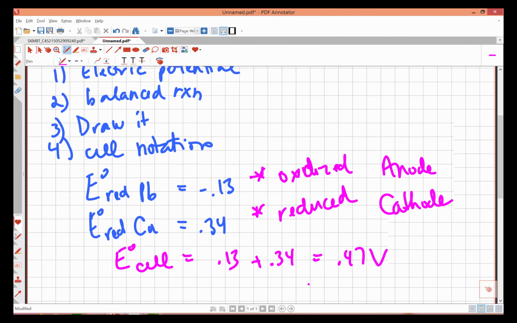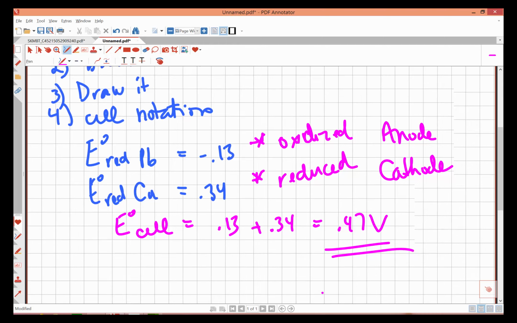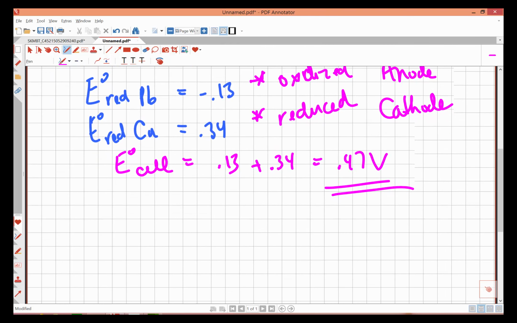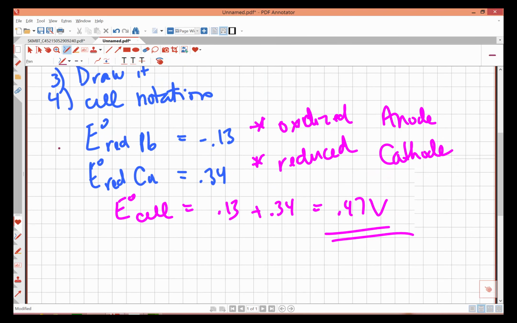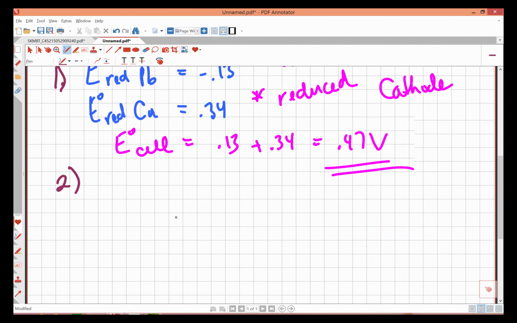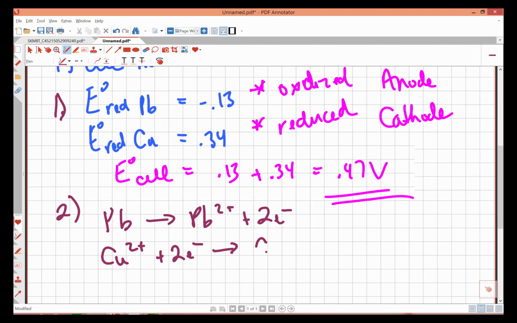And we've already answered the first question. We found the total potential of the cell, 0.47 volts. All right, if we want to write some reactions, so this was question 1. We now know that if lead is oxidized, it is going to be lead forming lead ions and giving away 2 electrons, and copper ions plus electrons forming copper.